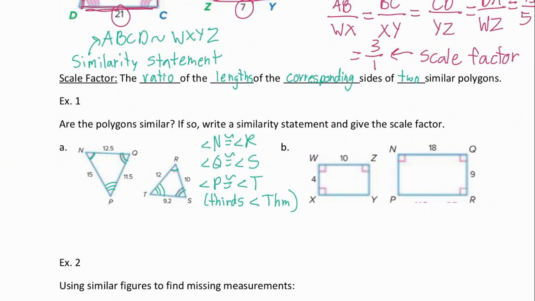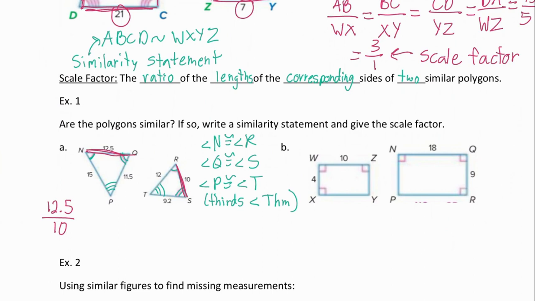So we should see that NQ would have to be proportional to RS. So that means 12.5 would have to be proportional to 10. We can simplify this a little bit to make it prettier, or you can make it uglier. Either way is fine. I'm going to try to make it a little bit prettier.